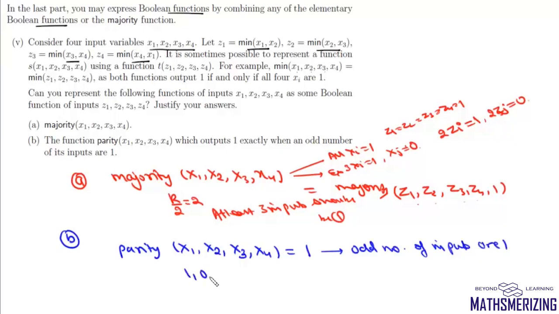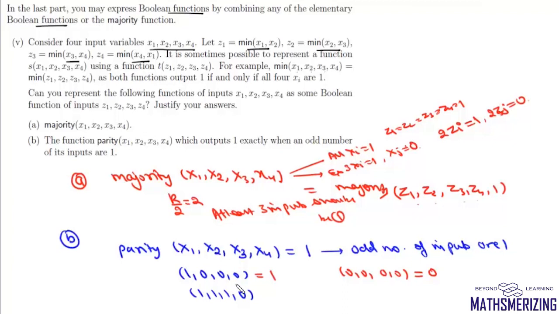One of the cases could be 1 0 0 0, where we have all permutations of these 4 inputs, or it could be 1 1 1 0. So in these cases it'll give us output 1 and in other cases it'll give us output 0. If we have 0 0 0 0, it'll give us output 0.